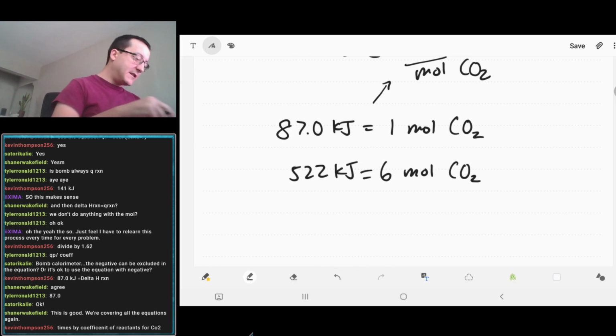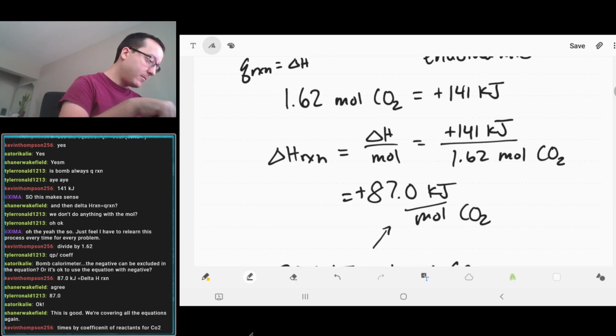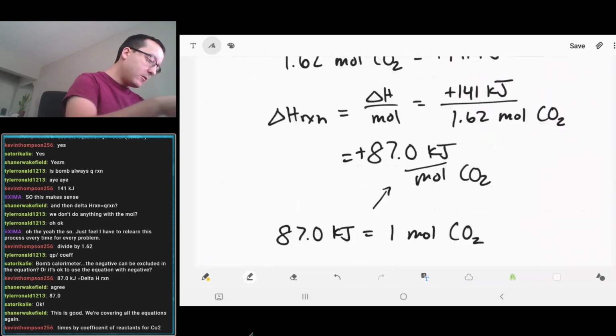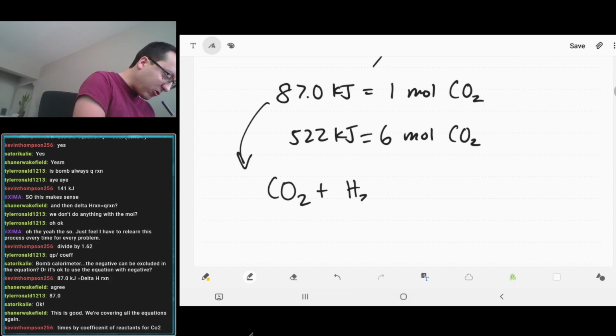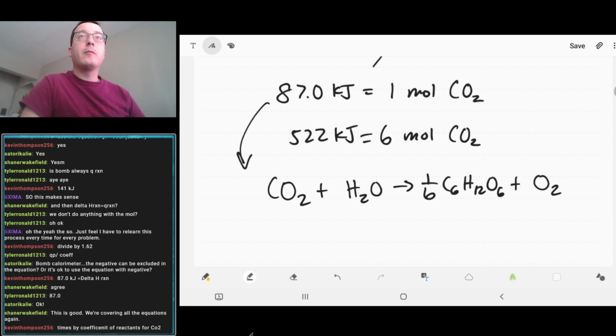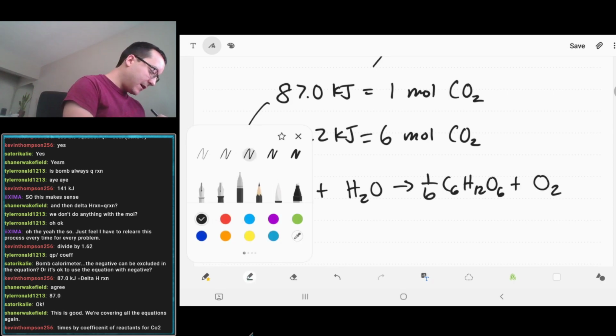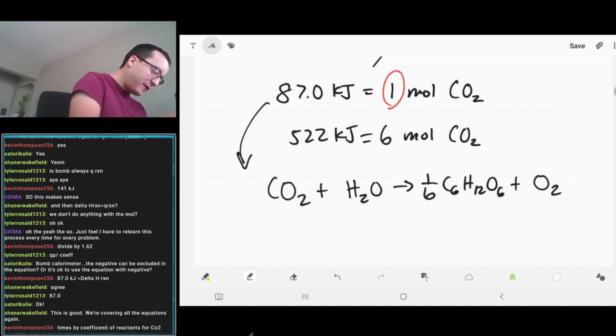I'll show you what this is going to look like. What this number is for this reaction, because the coefficient that we've solved for is 1.